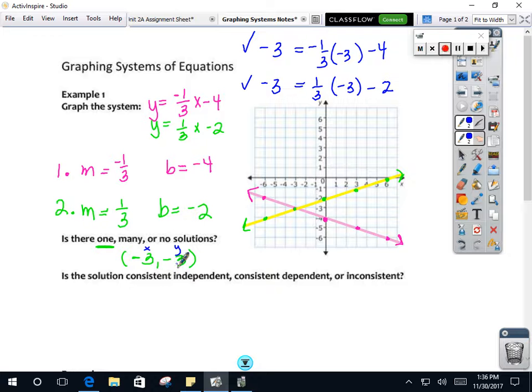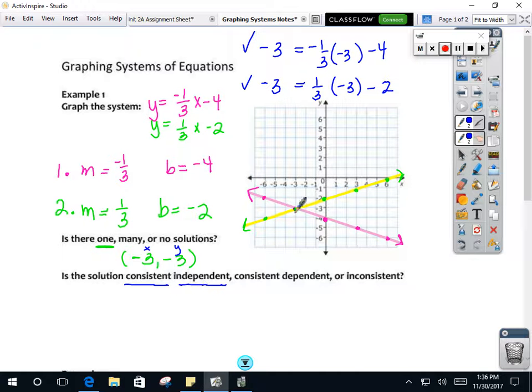Okay, so now that we see that we have exactly one solution because they only intersect once, does that make this consistent independent, consistent dependent, or inconsistent? Consistent independent. Consistent independent is when there is exactly one solution. Think about it.